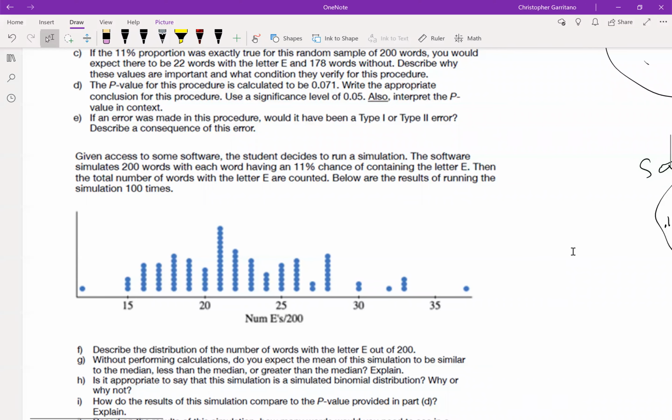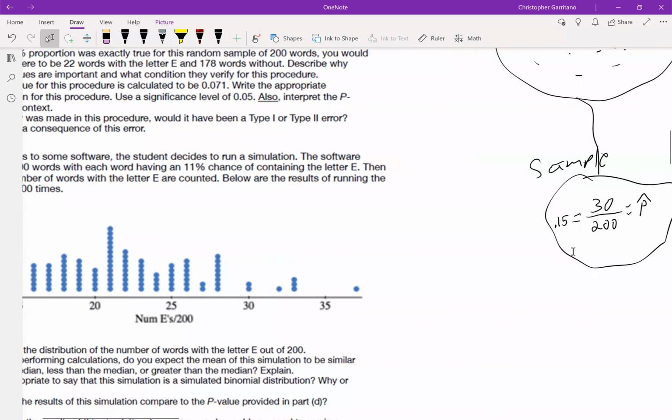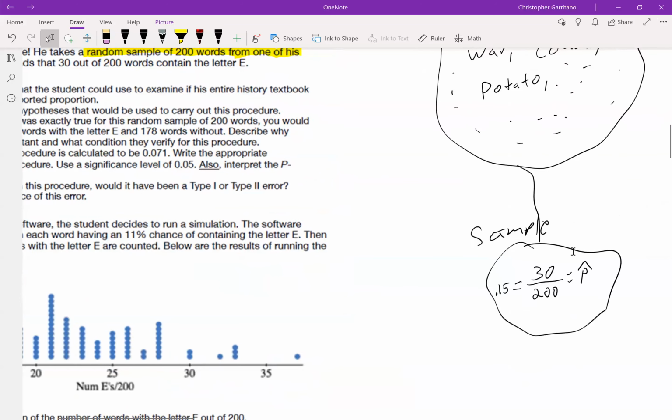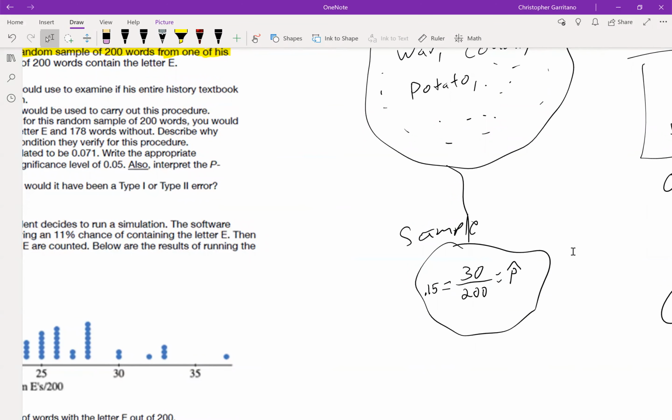So basically, this student now was given access to some software, and he told the computer, hey, computer, the probability of success is 0.11. What I want you to do is dive into this population of words, pull out 200 random words, and give me the proportion of those words that contain the letter E. For example, let's say this sample that he went out and actually chose from his book, let's say that this was one of the samples that the computer went out and got.